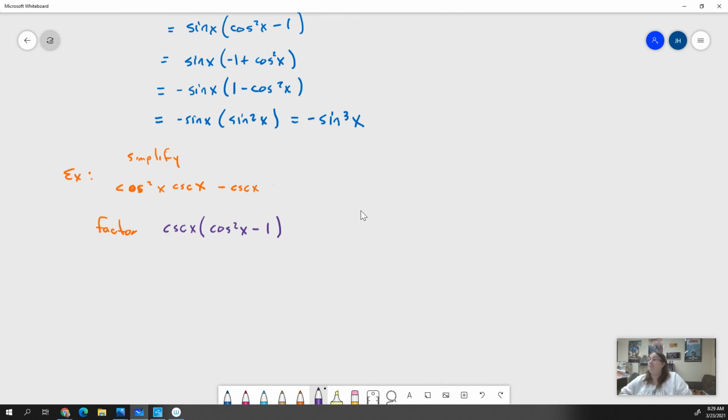And if I rewrote this as cosecant of x times minus 1 plus cosine squared of x, we can see that it's that Pythagorean identity once I factor out the negative.